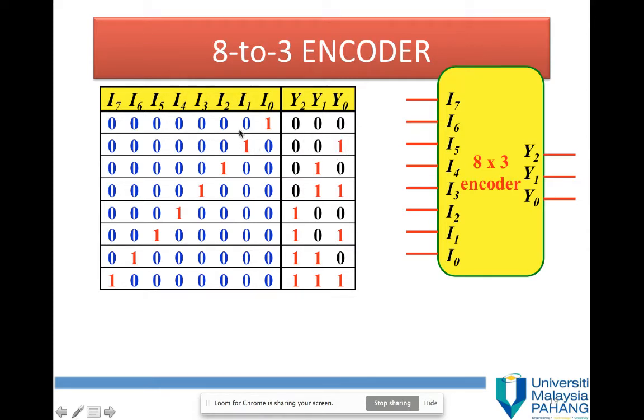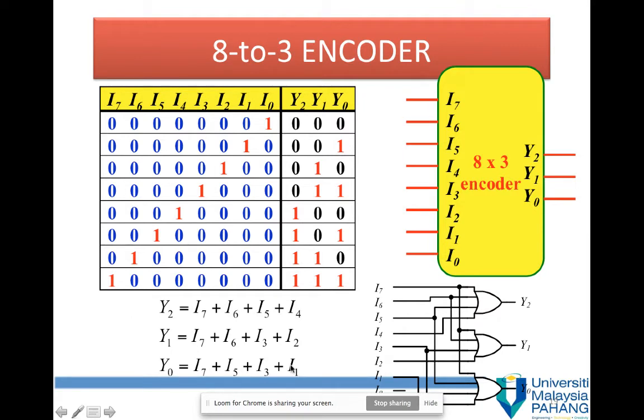It depends on the numbering of the input. Then 0, 1, 0. This is 1, 0, 0 for 4. Sorry, active I3, so this is 0, 1, 1. This is 7, so 7 is 1, 1, 1. So you have to understand the working principle or the concept of the 8 to 3 encoder.